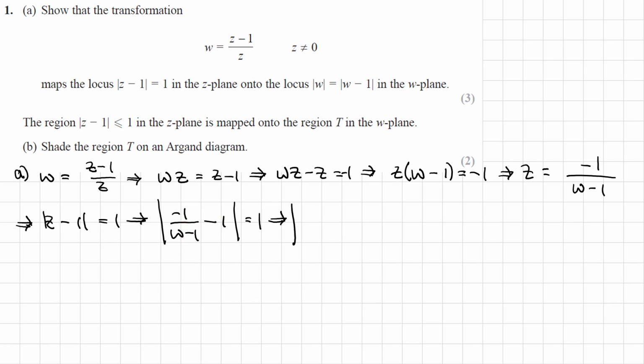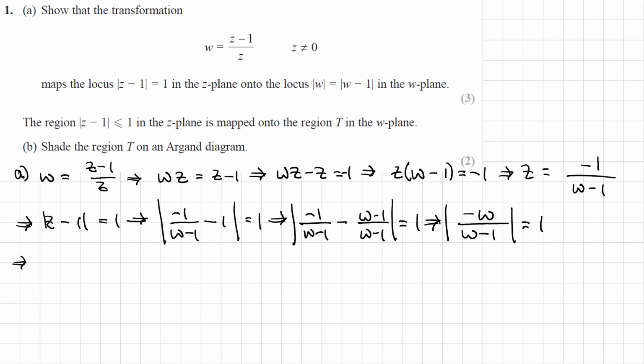So we'll write negative 1 as minus W minus 1 over W minus 1. When this is all put together, you've got negative 1 minus negative 1, which is 0. So you're just left with negative W at the top over W minus 1. And the modulus of that is equal to 1.